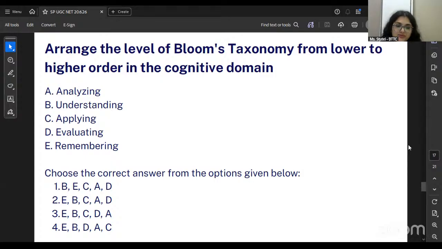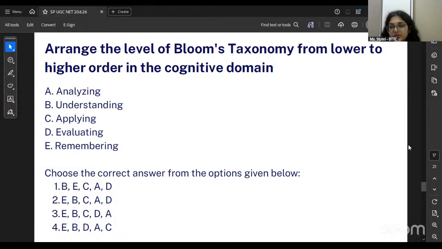So this was like, okay, I've read this before, so I'm able to put the options from lower to higher order in the cognitive domain. I was able to solve this question only because I had read it before. And this again falls in one of the categories that I had mentioned earlier.